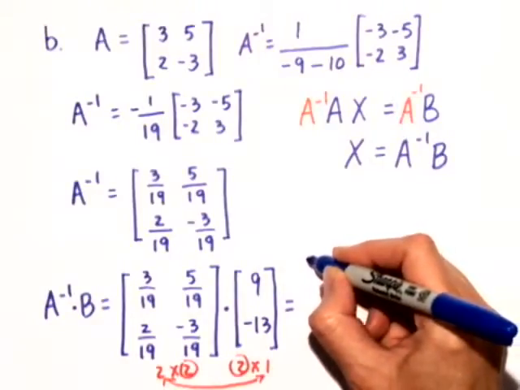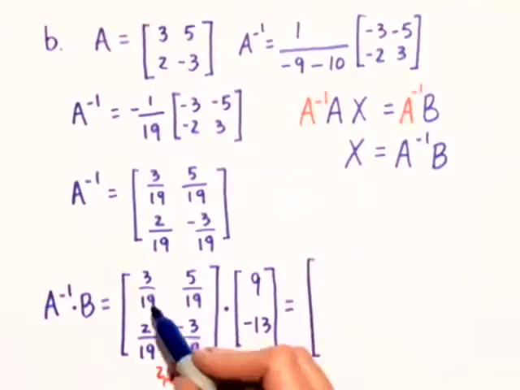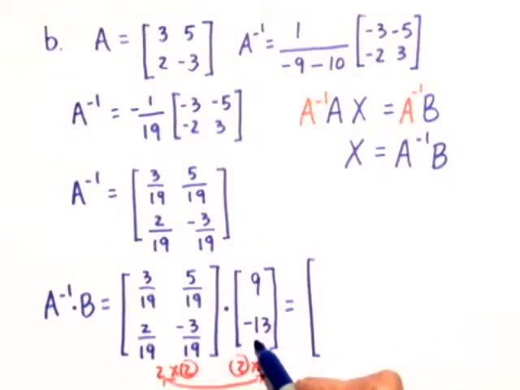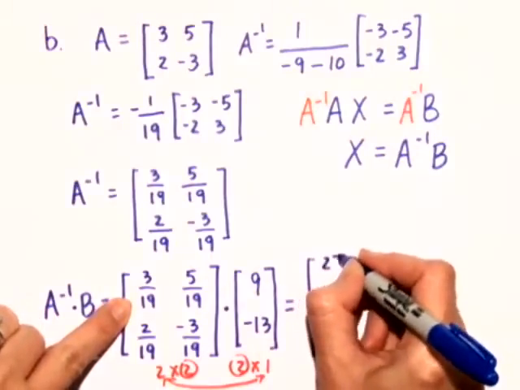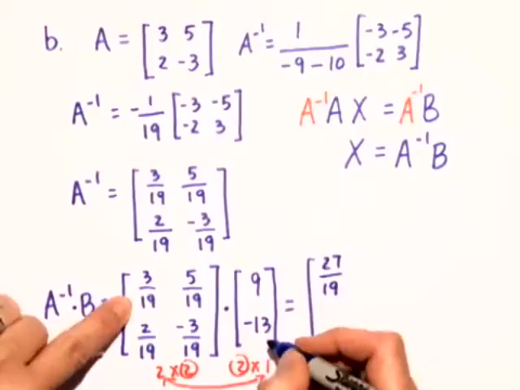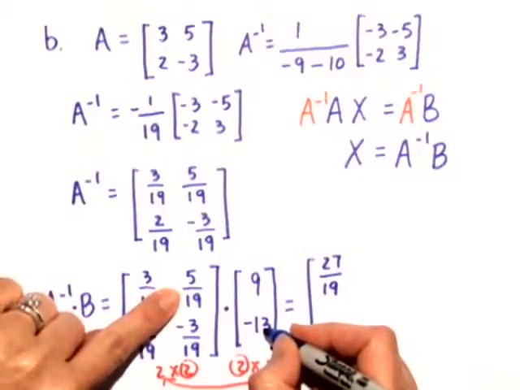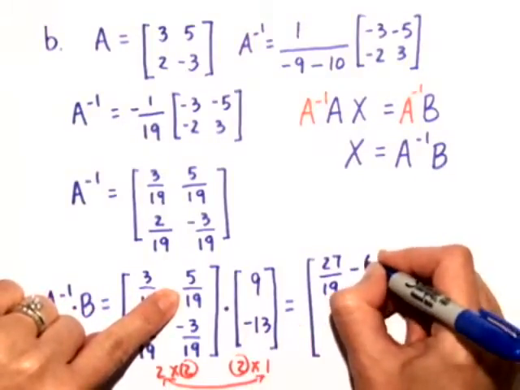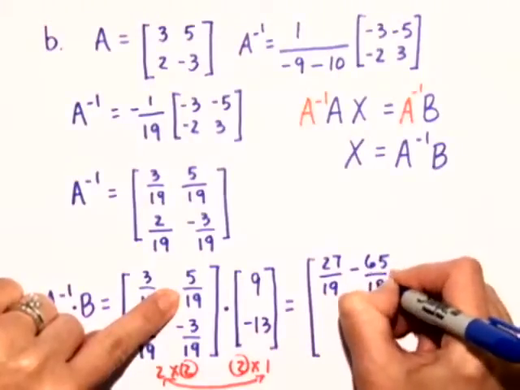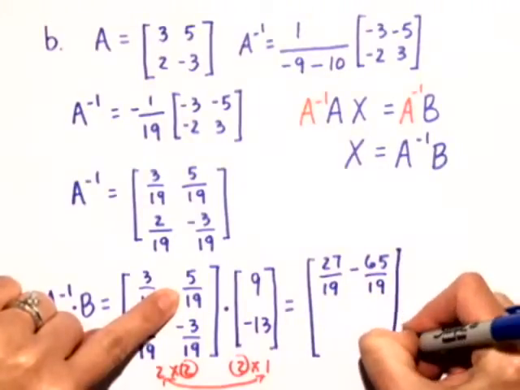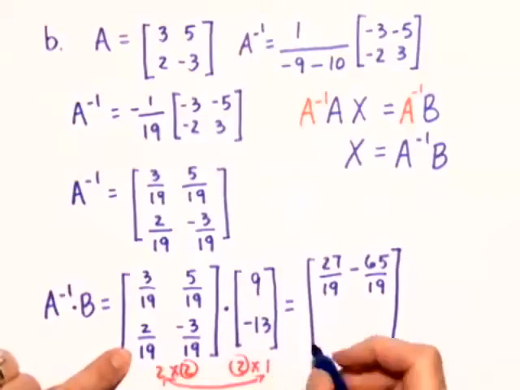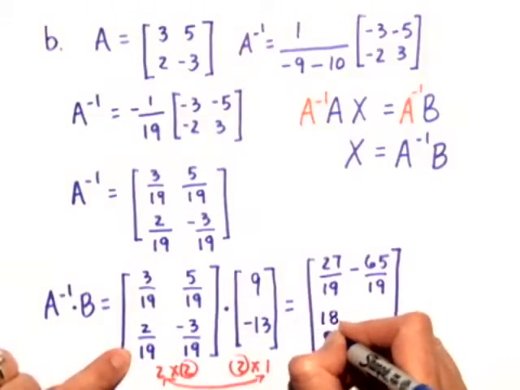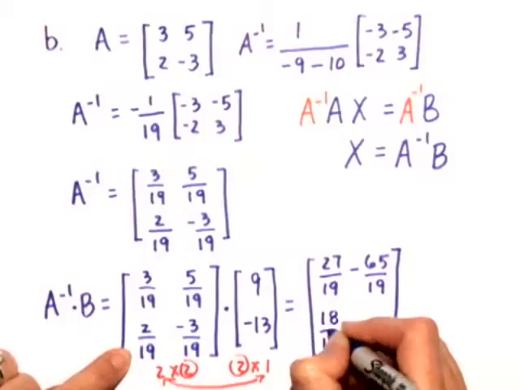So let's multiply this. First, we'll start with row 1 and multiply that by column 1. We have 3 over 19 times 9. That's just 27 over 19, plus 5 over 19 times negative 13. That's minus 65 over 19. We'll calculate that in just a moment. When we multiply row 2 times column 1, we have 2 over 19 times 9. That's just 18 over 19.